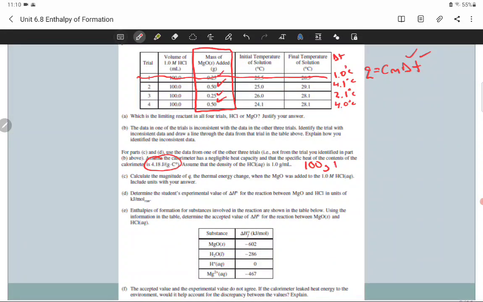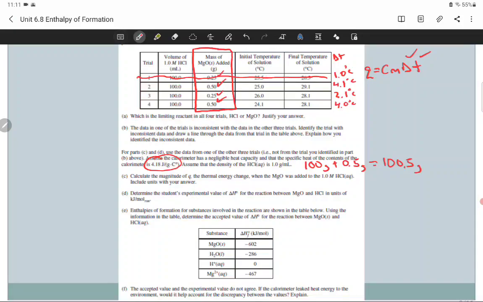But what else is in the calorimeter that the thermometer can actually touch? I'm looking at trial 2. There's also 0.5 grams of magnesium oxide that gets incorporated into that. So the mass, this is a little bit tricky, is 100.5 grams.